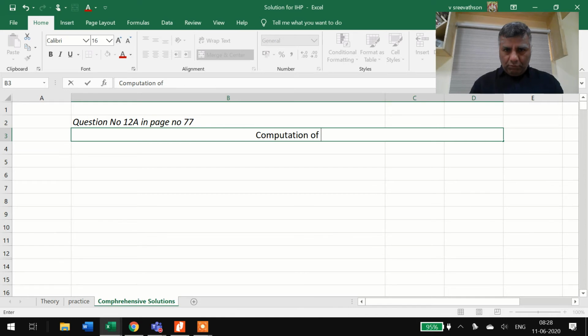Computation of income from house property.